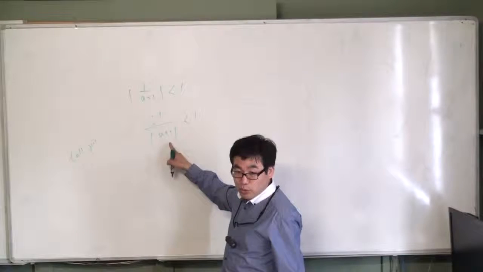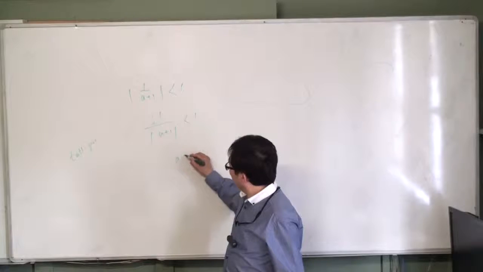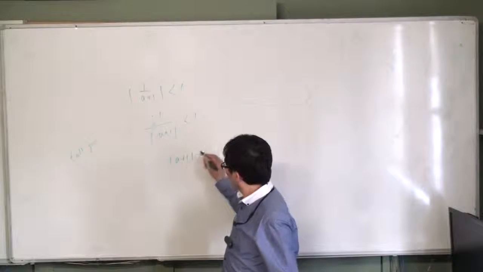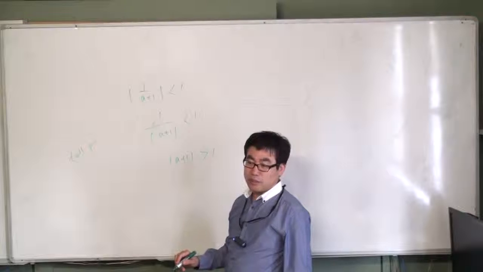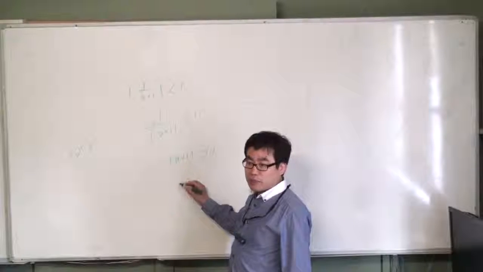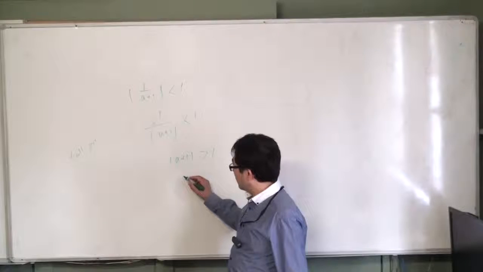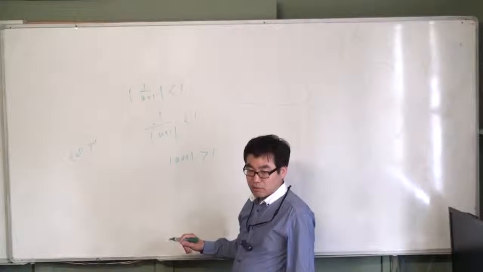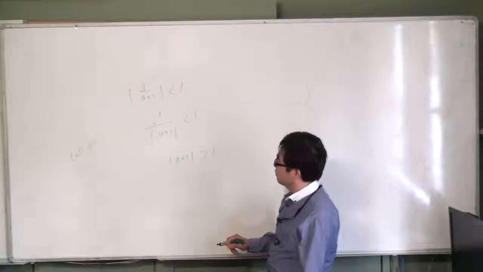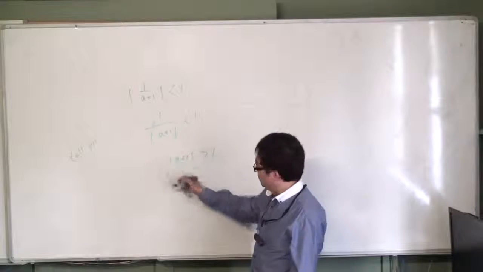Greater than 1. If the denominator is greater than 1, then that's easy. This one needs to be greater than 1, so what do you have to do? Greater than 1 or less than minus 1. Why does the denominator need to be greater than 1? Then that means it's bigger.